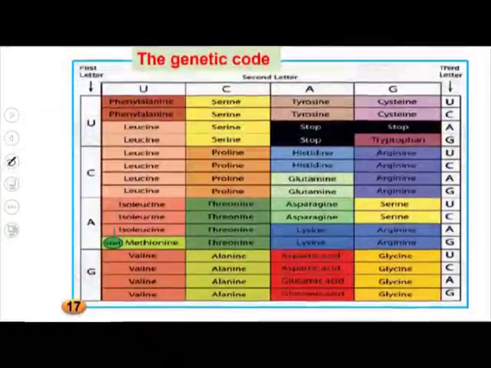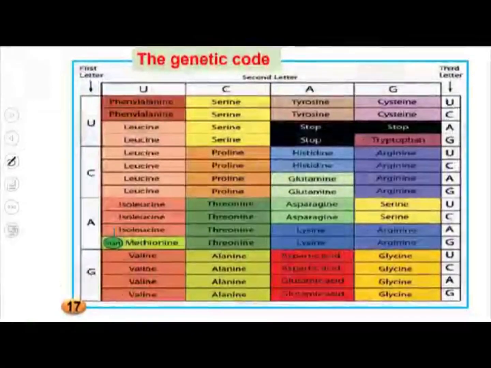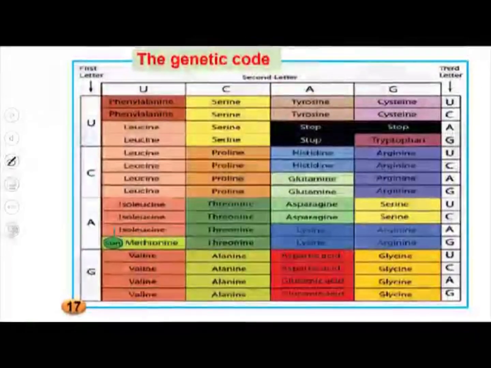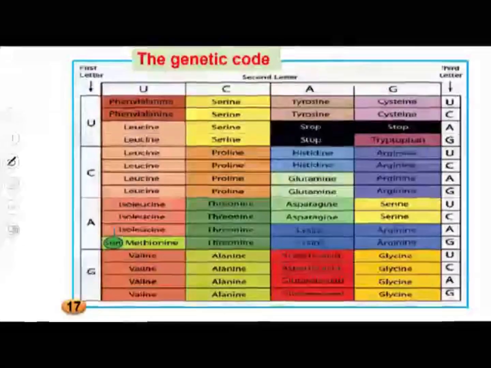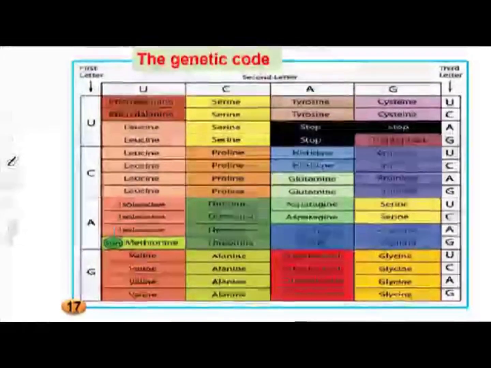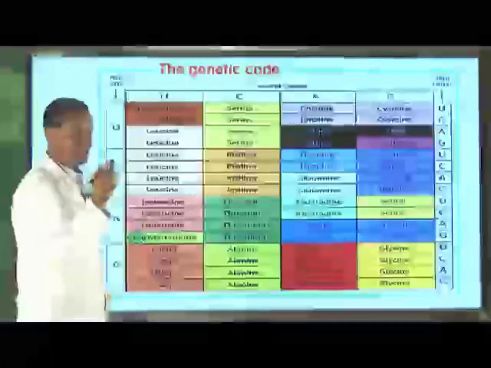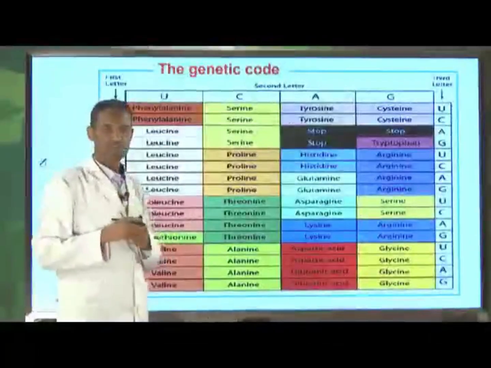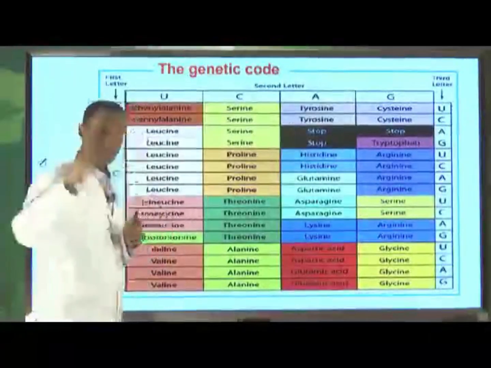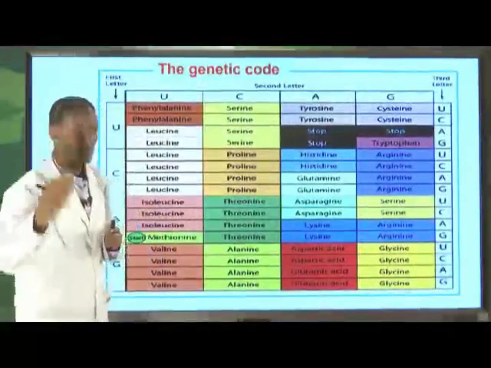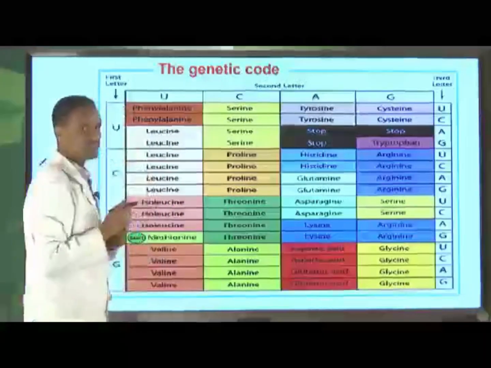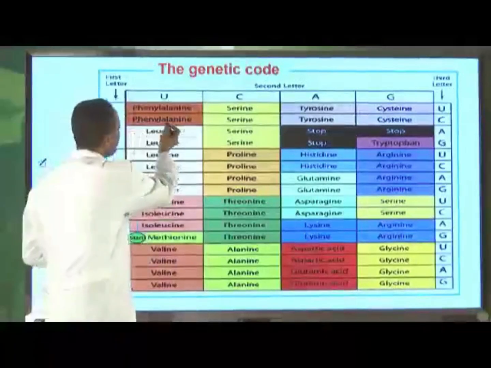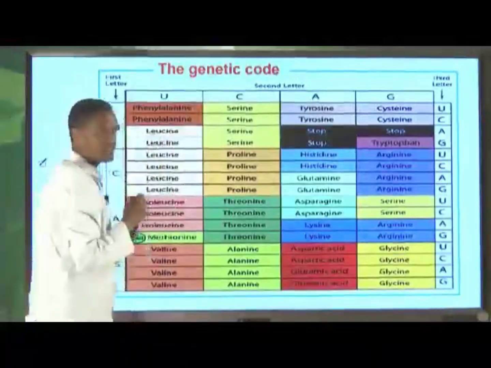From this table, what we can understand is that one amino acid can be encoded by more than one codon. For example, take phenylalanine. Here you can find phenylalanine in two places.